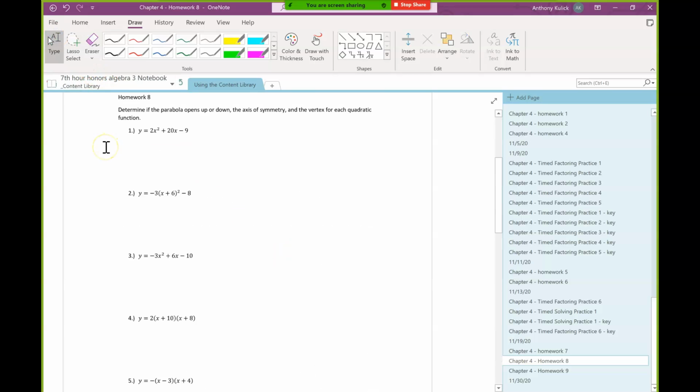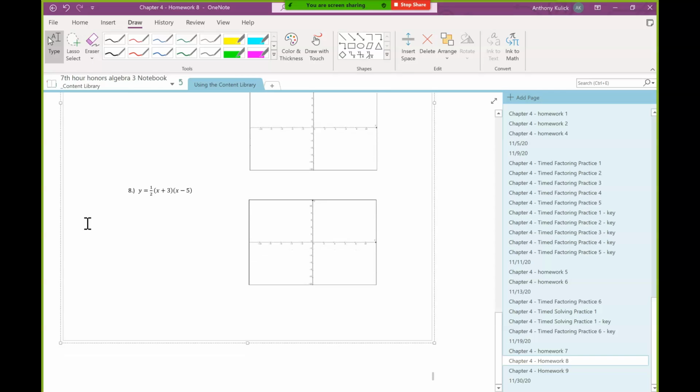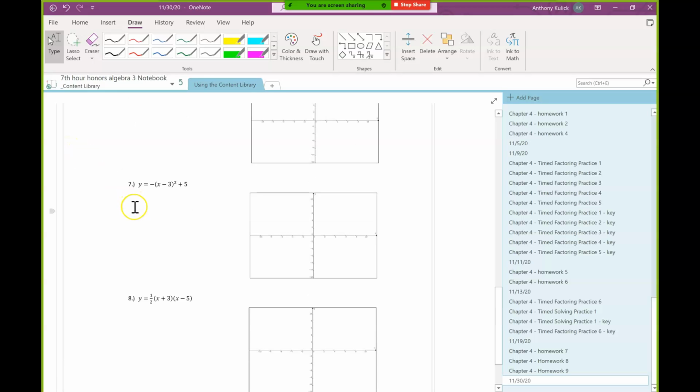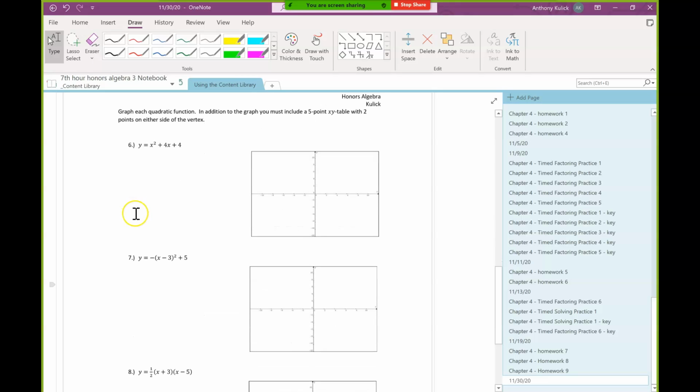Yes. Could you do number 6 on homework 8, please? Sure. Let me just copy that in there. This is homework 8, number 6. Okay. So the first thing I'm going to do is locate the vertex.